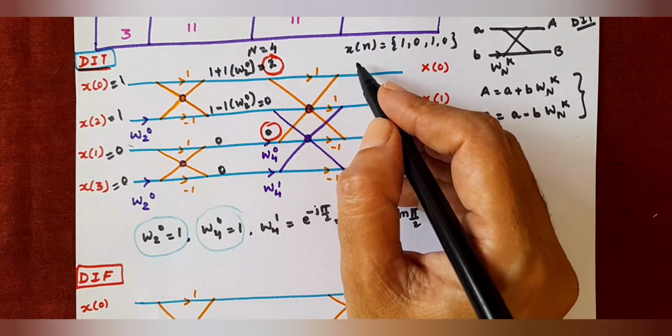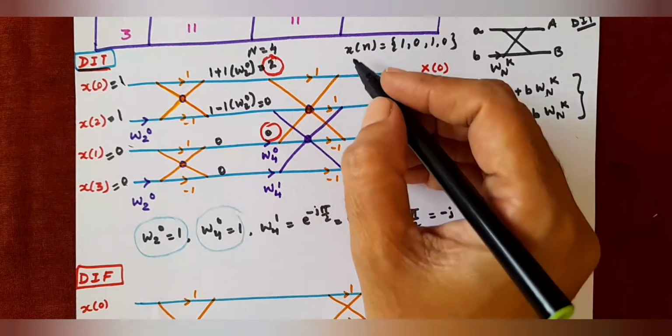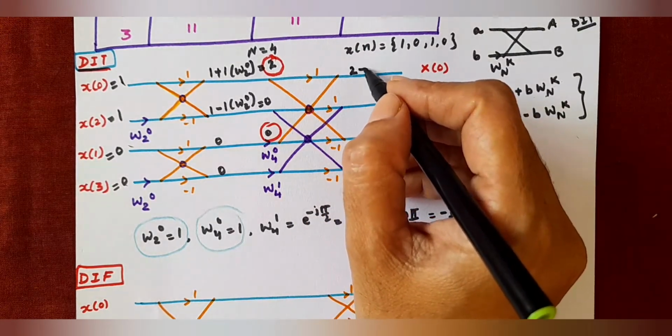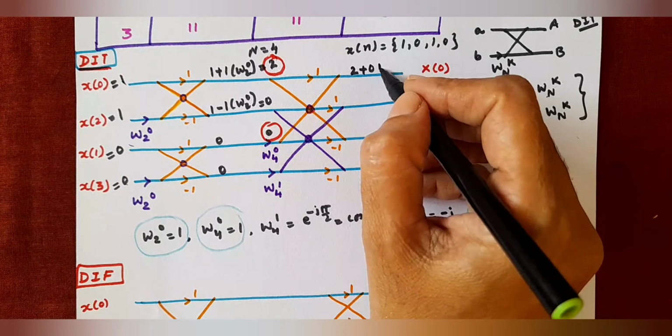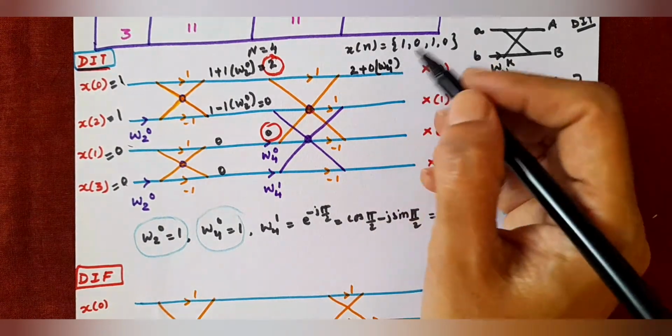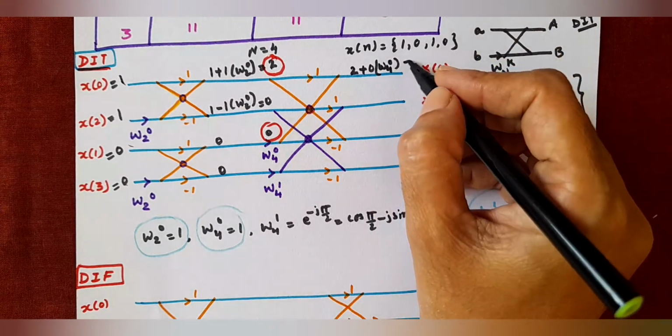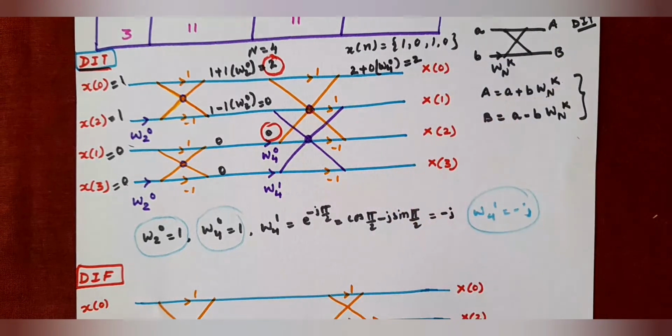A plus B Wn to the power k. Wn to the power k value is W4 to the power 0. So it will be written as 2 plus 0 W4 to the power of 0. W4 to the power 0 is how much? 1. 0 times 1 is 0. So it will come as 2.